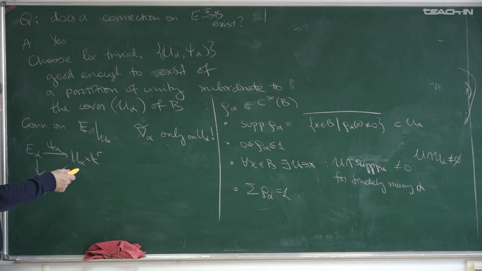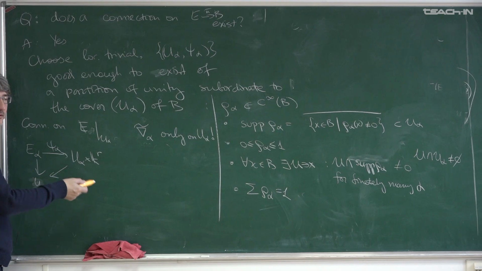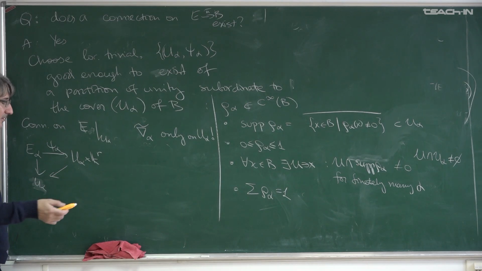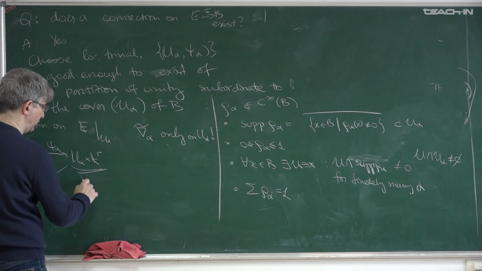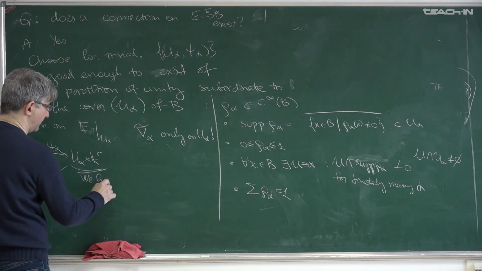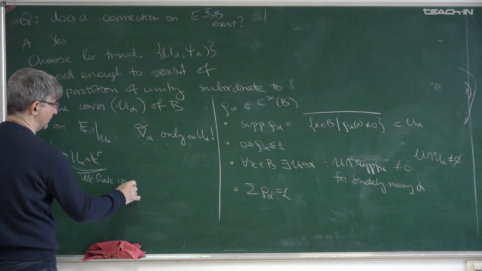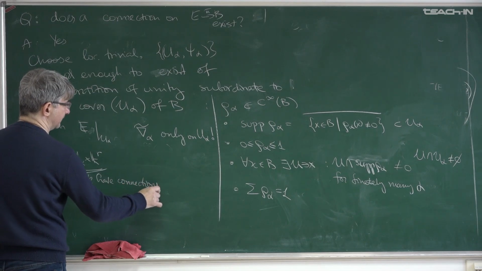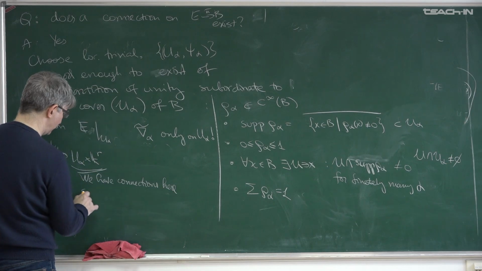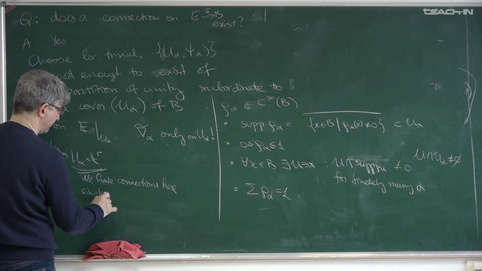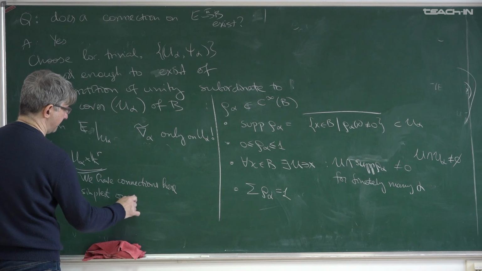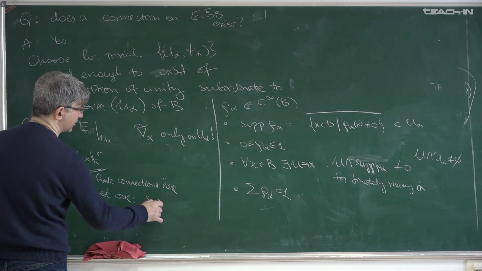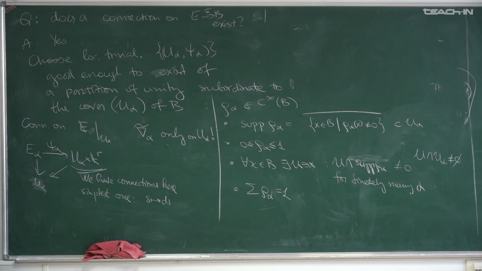Do you agree that we have a connection here? Which one? Differentiation. Just take the exterior derivative, and maybe you can add some matrix there. So we have connections here. The simplest one is to send a section to its exterior derivative.